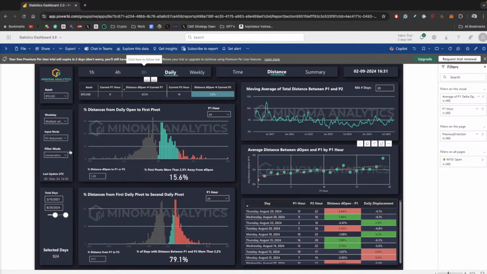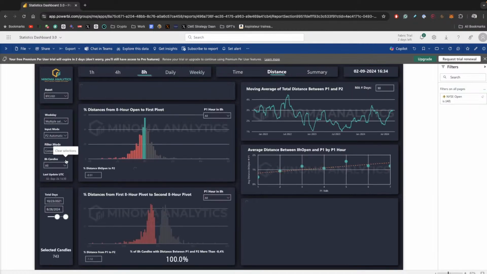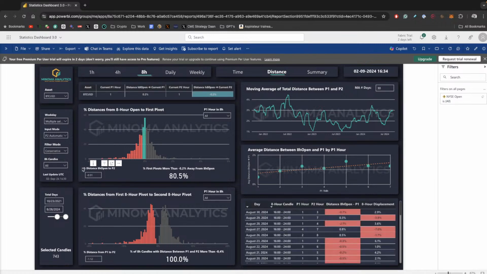On the weekly, it is removed. On the 8-hour, the clusters are, well, just started, but the groups are simply the first. Actually, on all the time frames, it's just the first one, because we have fewer time slots here, right? So if conservative filter mode is selected, and you have P2 automatic selected, and it is later than the first block, the first block gets filtered out. 4 hours, same thing.